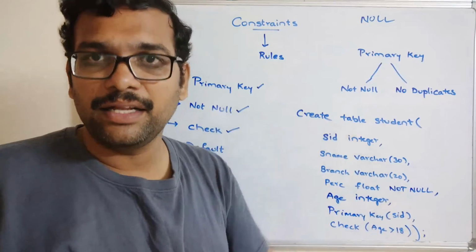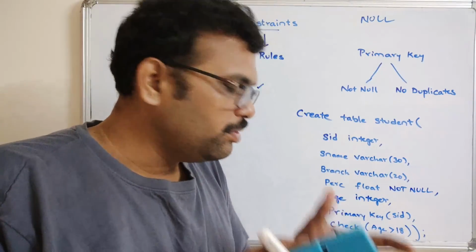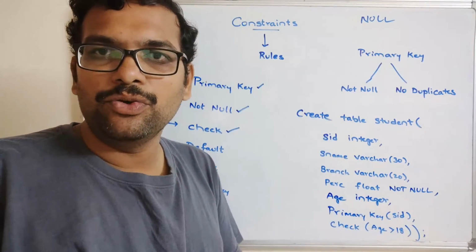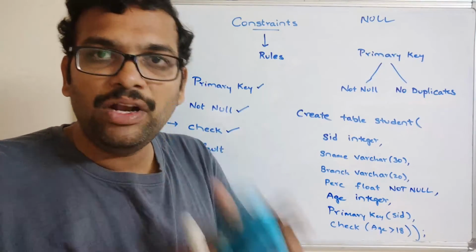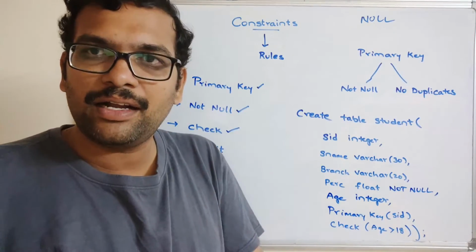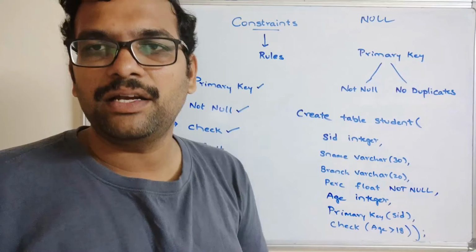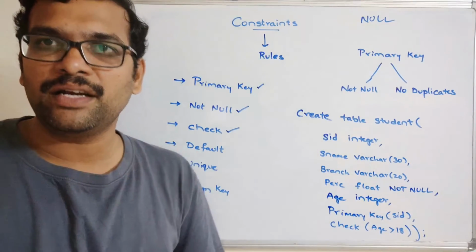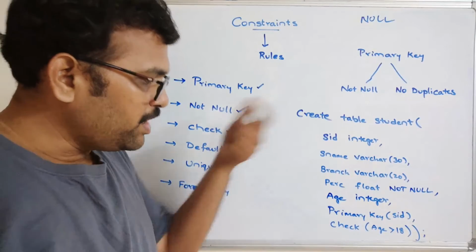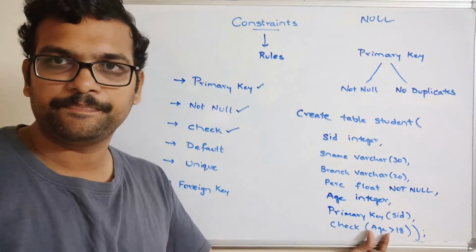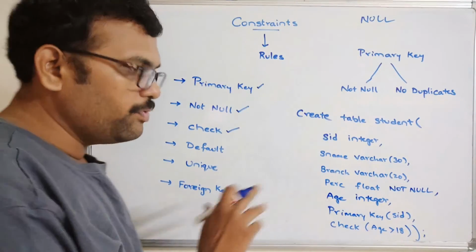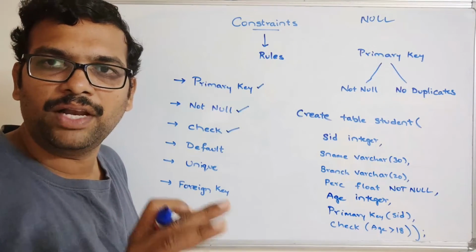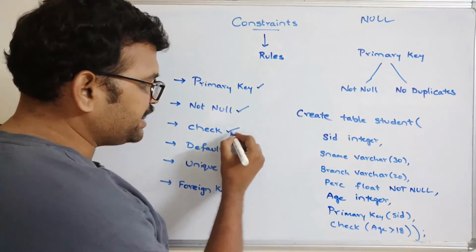We have to insert an age value greater than 18, and only then that data will be inserted into the table. That means before insertion it will check this condition. I will execute the query and explain everything. So that is a check.